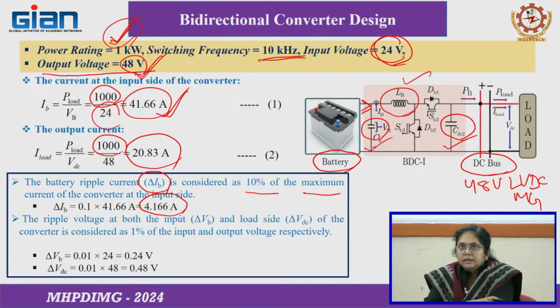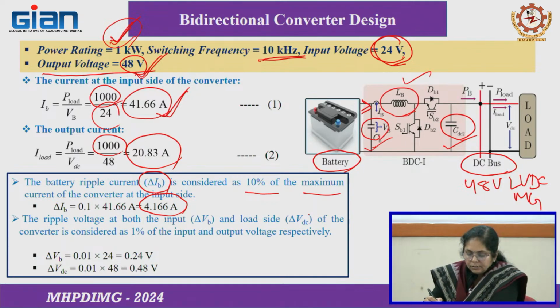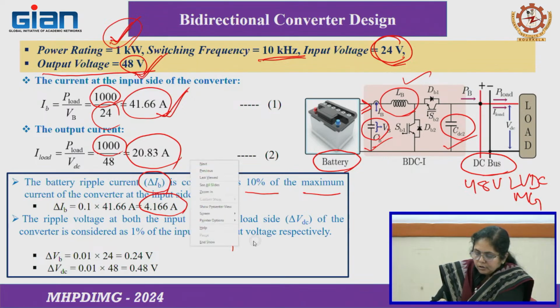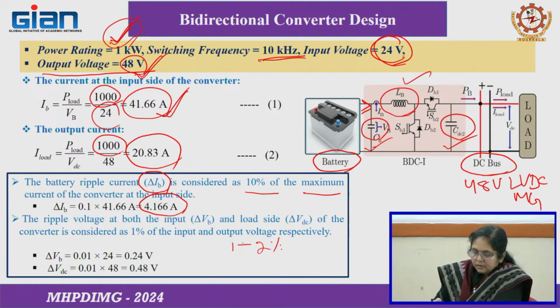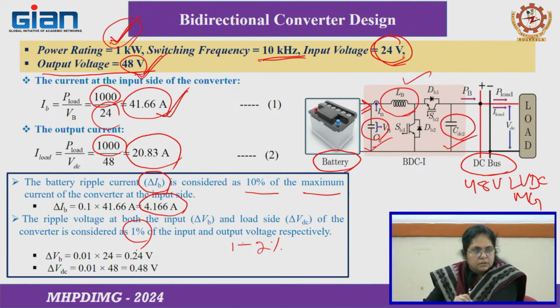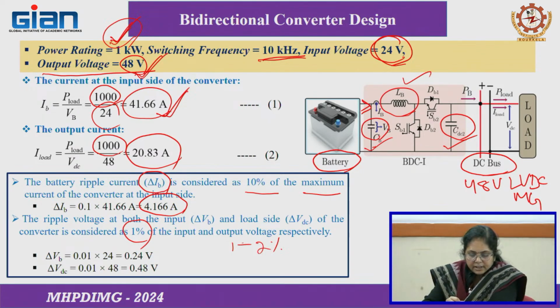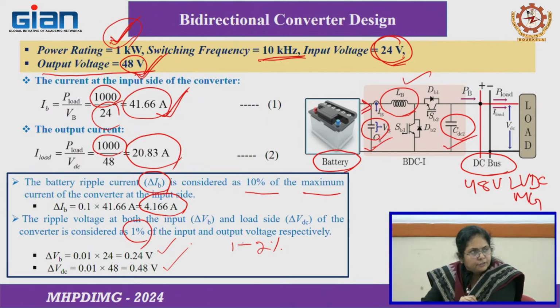And the battery voltage ripple can also be designed for 1 to 2%. For this example I have chosen the battery voltage ΔV as 1%. Based on that, the input voltage ripple is fixed to 0.24 volt and the output voltage ripple is fixed to 0.48 volt.